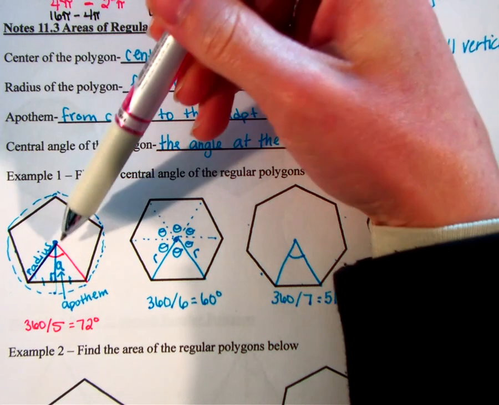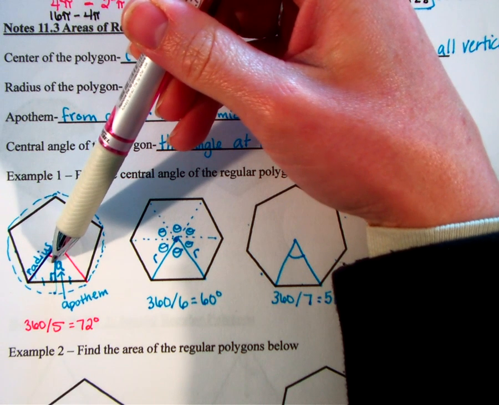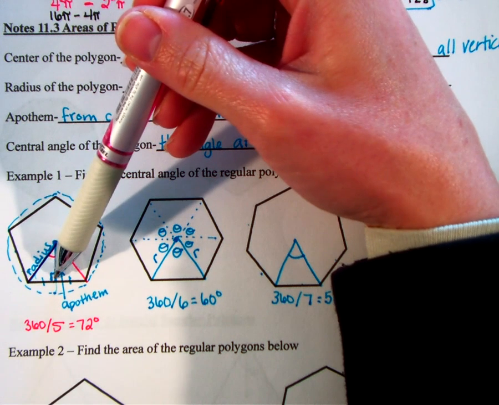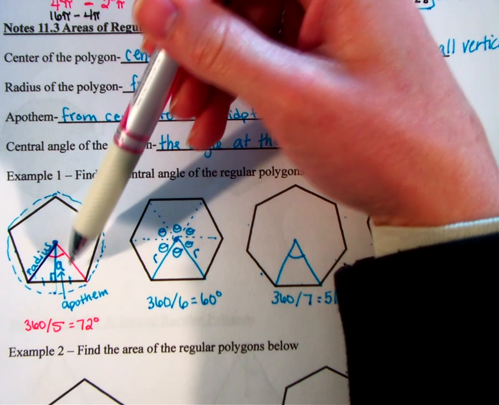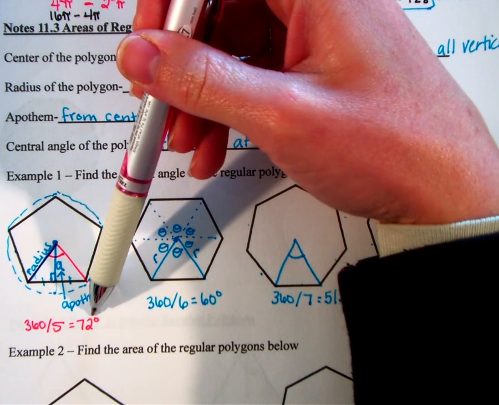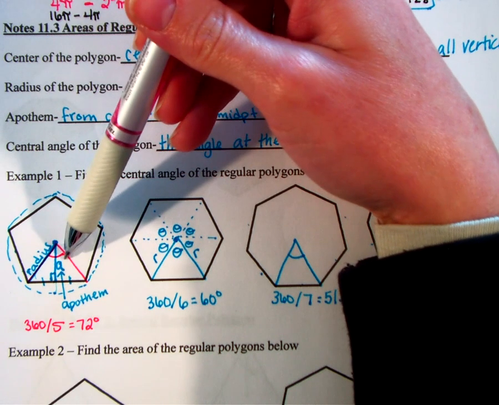But what you'll notice is the triangle that I'm actually going to use is only this half of that central angle triangle, because I want to have a 90 degrees. So as we go down and actually find the area, we're going to take that 72 degrees and break it in half, into 2 equal parts.